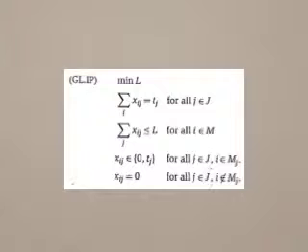The fourth group of constraints sets x_ij equal to 0 for all little j in capital J and little i not in capital M_j.